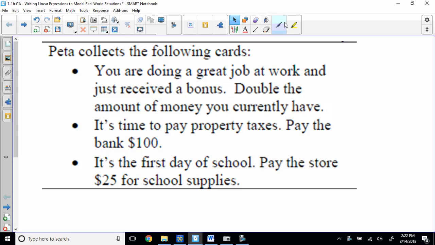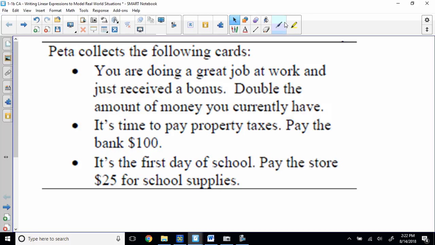You're doing a great job at work and you just received a bonus, double the amount of money you currently have. What would that look like, folks? Okay, first off, how much money does she currently have?